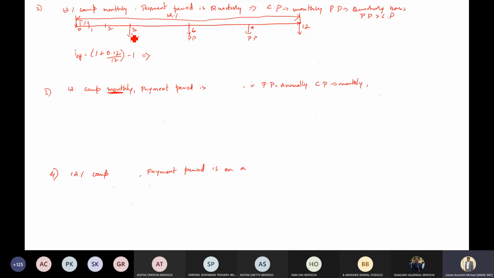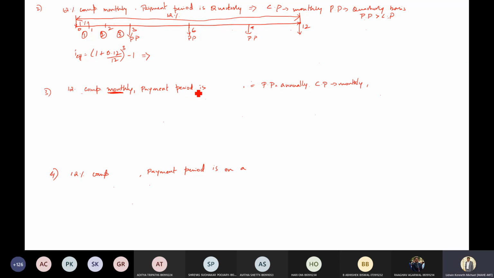But over here, your first payment is done at the end of the first quarter, so how many times is it compounded? It is 1, 2, 3. So (1.01) to the power 3, and you should be getting about 3.03%. Some of you got the right answer.